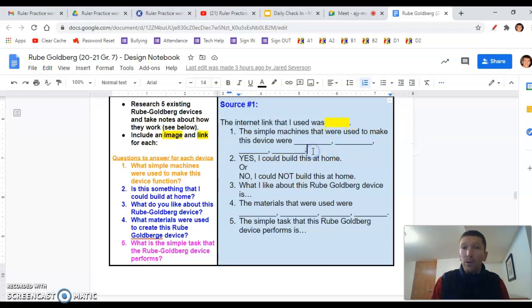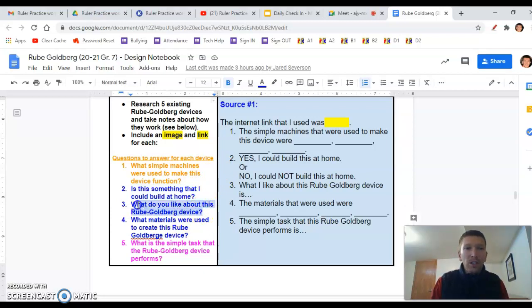If there are more than 4, and there are 5 or all 6 of them, you can obviously add on. The second thing you should be looking for is, is it something you can do at home? You just have to write yes, you can do this at home, or no, you can't. If you can't do it at home, that's okay, but try to find some ideas that will be able to be used at home so that you can get something out of this research.